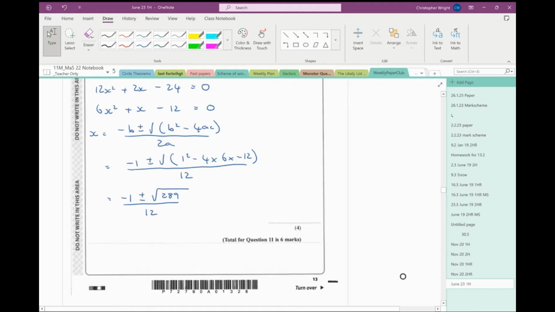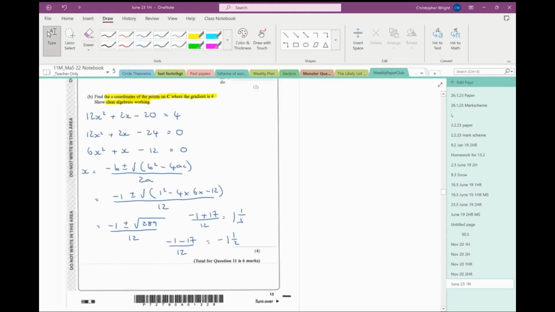So the two x values I have are minus 1 plus 17 over 12, which is 16 divided by 12, which is 1 1/3, or minus 1 minus 17 over 12, which is minus 18 over 12, which is minus 1/2. So those are my two x values.